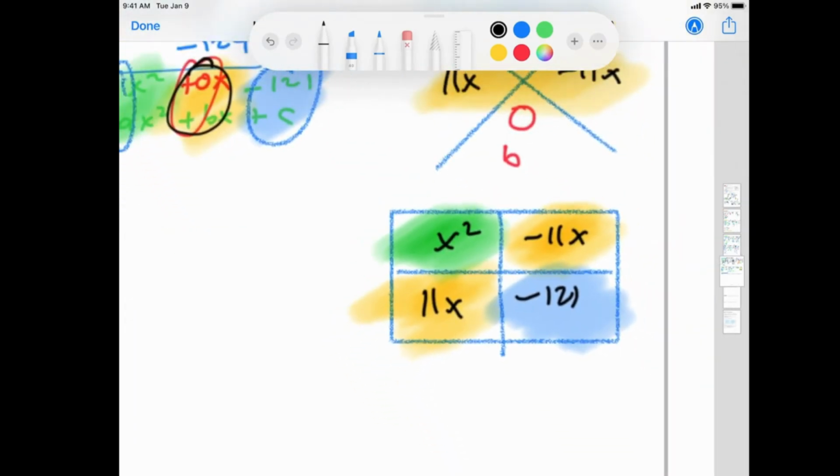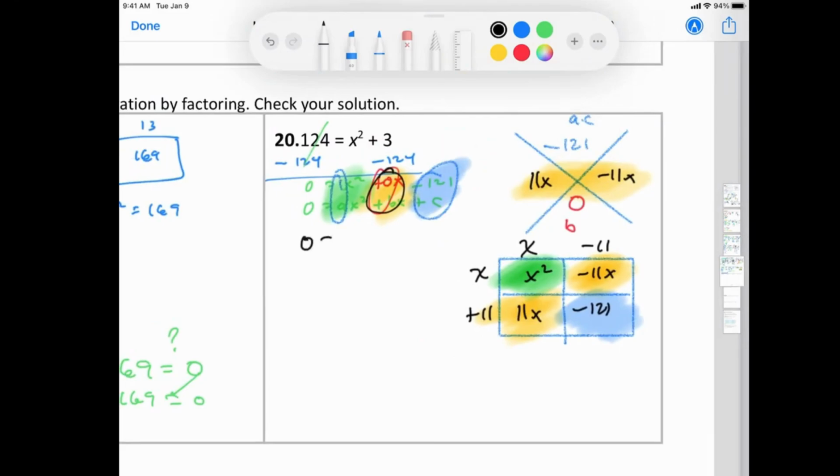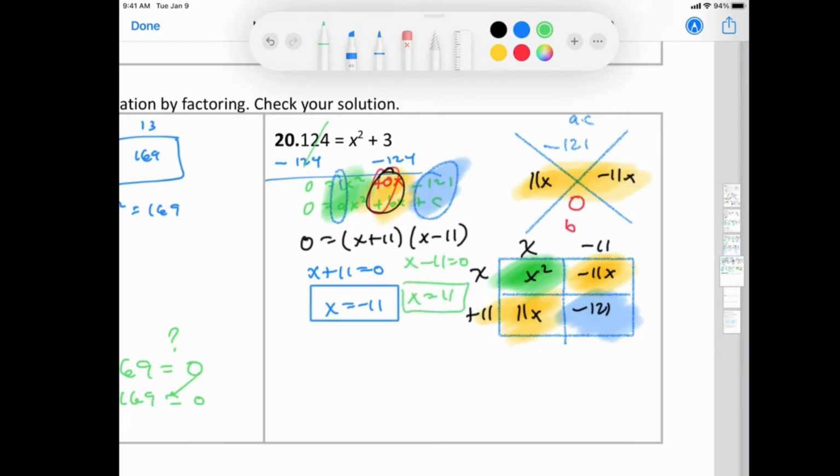All right, the greatest common factor of the row is x. This one's a positive 11, x, and negative 11. And then there you just solve it. Those are our two solutions. Let's put it in there.